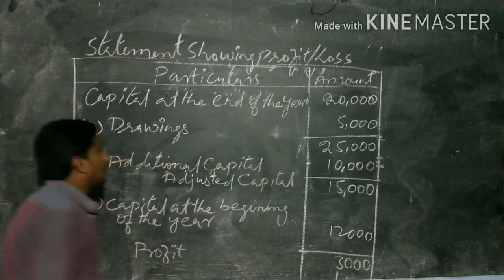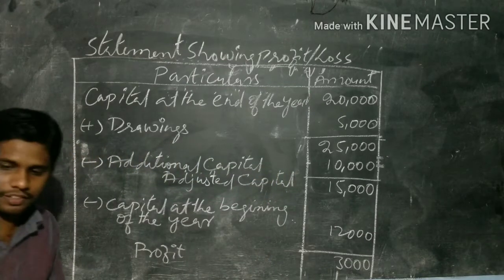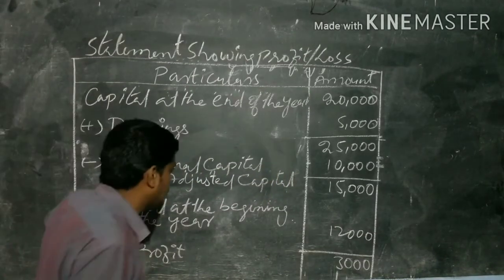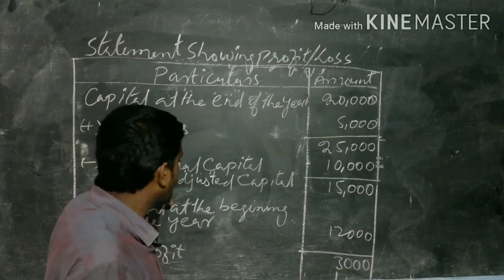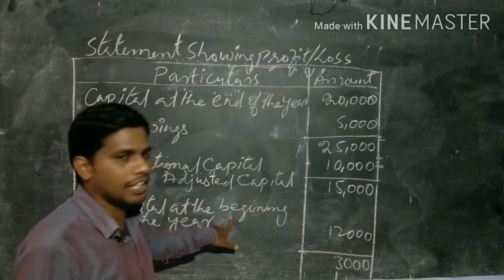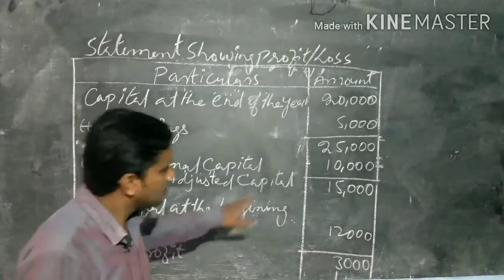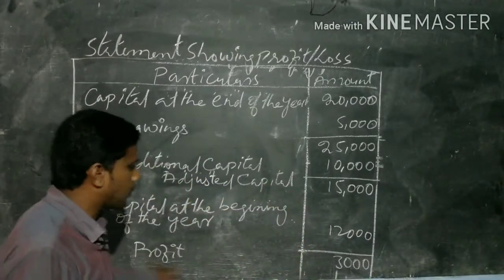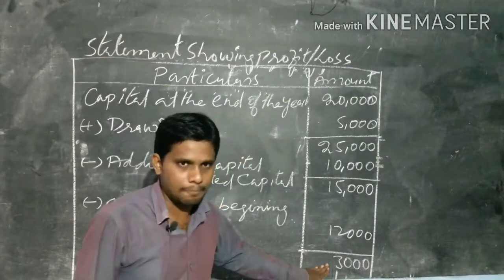After adjusting the drawings and additional capital, whatever we are getting is called adjusted capital. If adjusted capital is more and opening capital, or capital at the beginning of the year, is less, whatever we are getting is called profit, a positive figure.